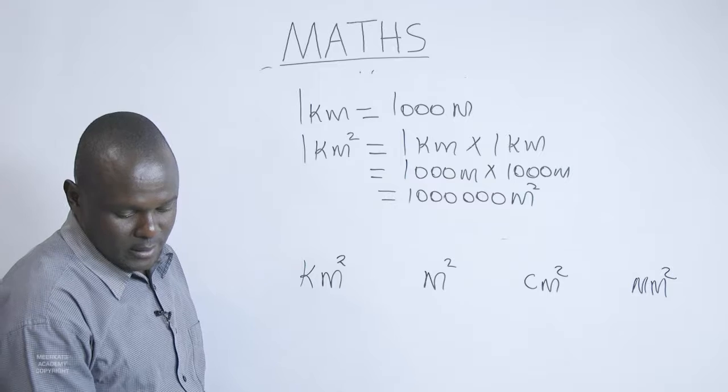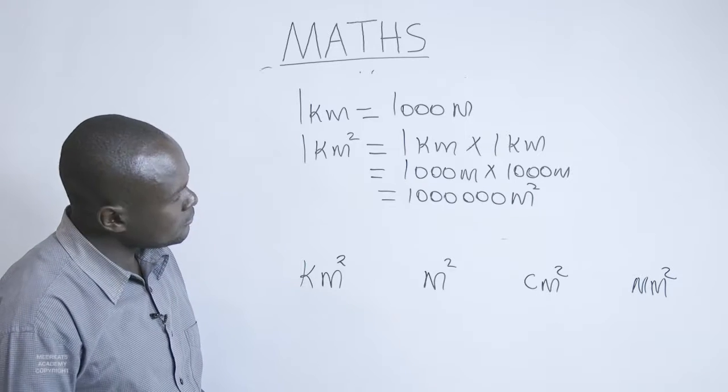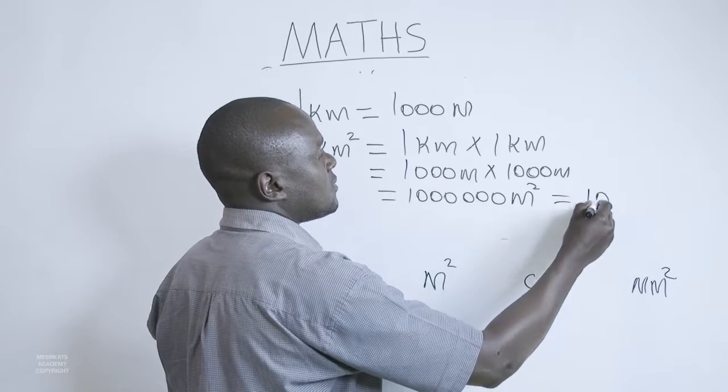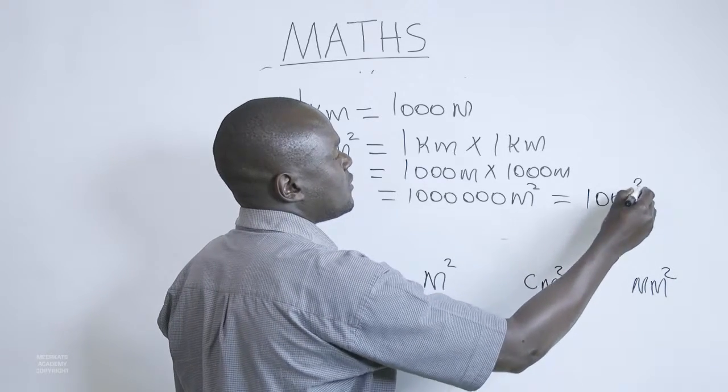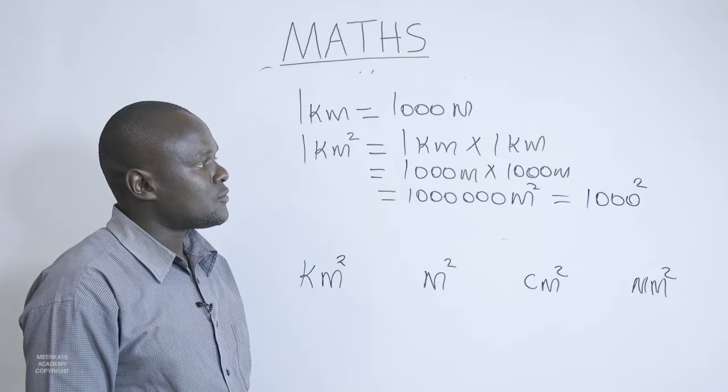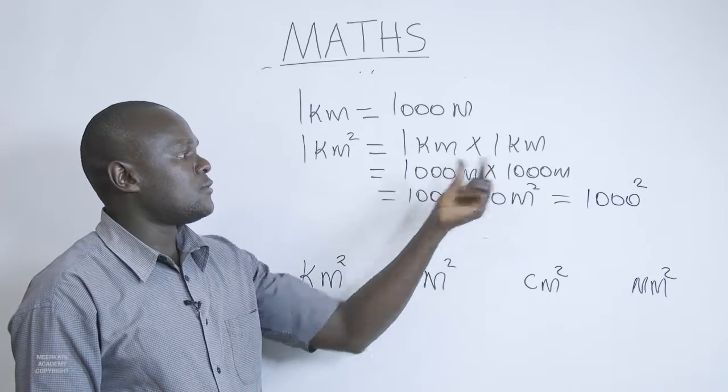This can be expressed as 1,000 squared, 1,000 times 1,000.